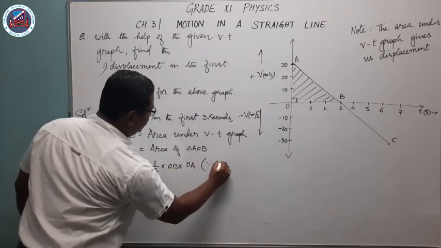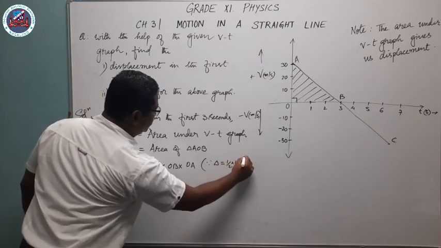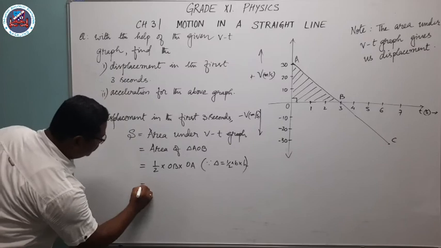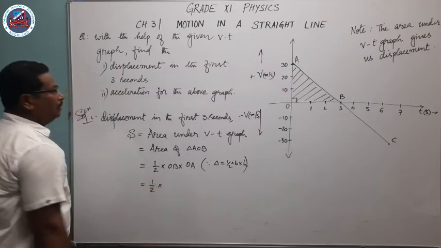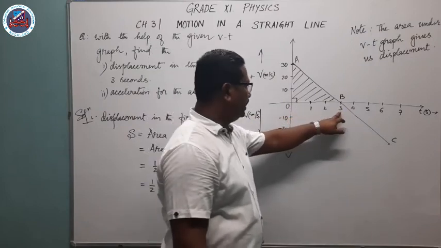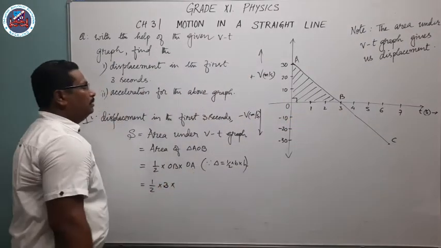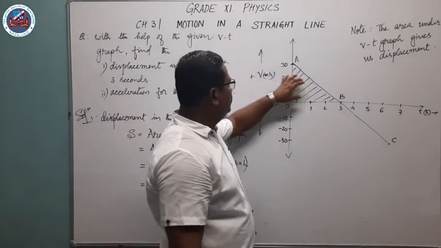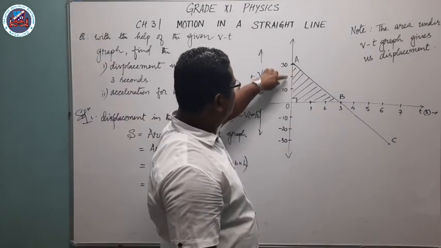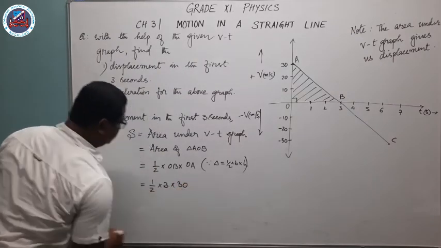Put the values. Half of OB, which is 3 seconds, so I am writing 3 in place of OB. And OA, that is your velocity, from 0 to 30, it is 30 meter per second.